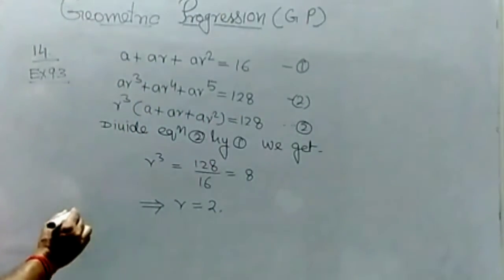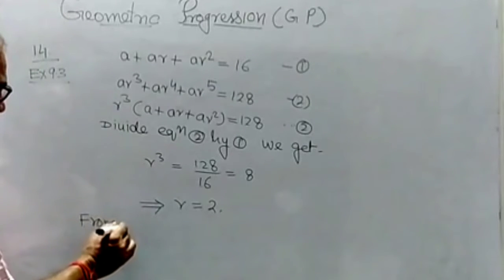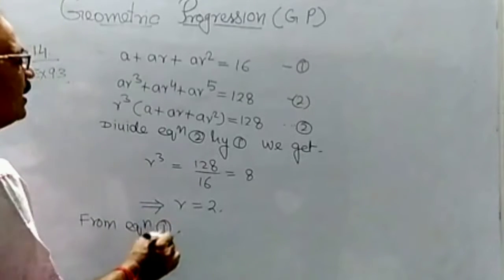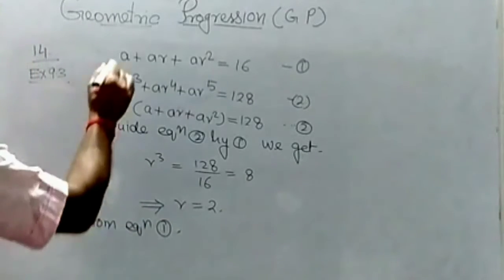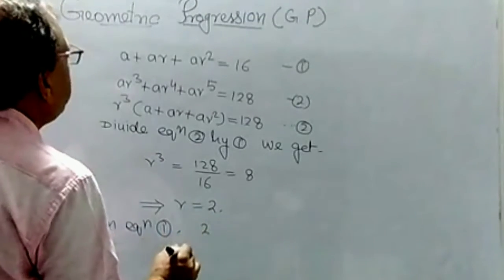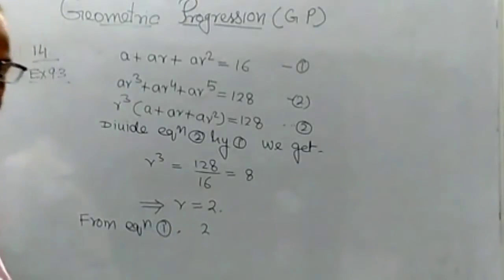From equation 1, write the value of R, that is 2. R equal to 2.